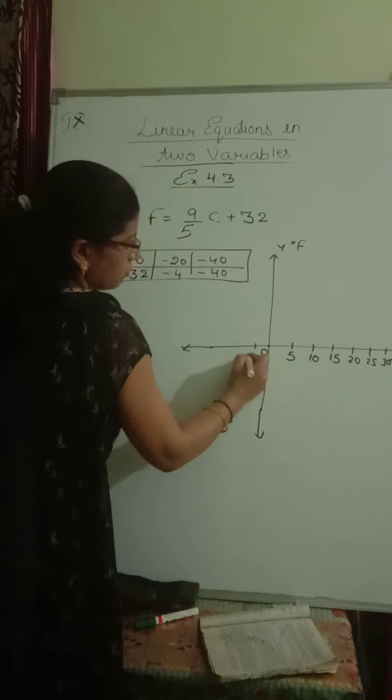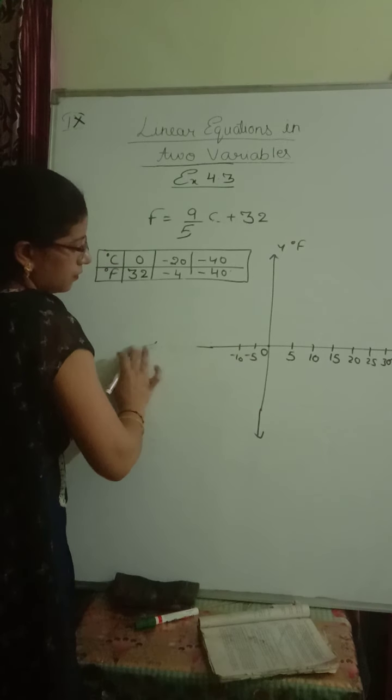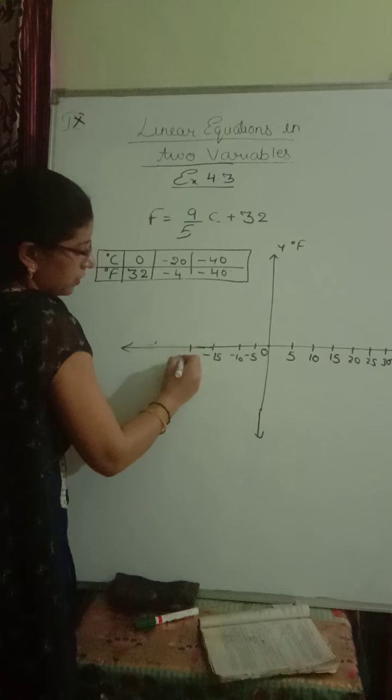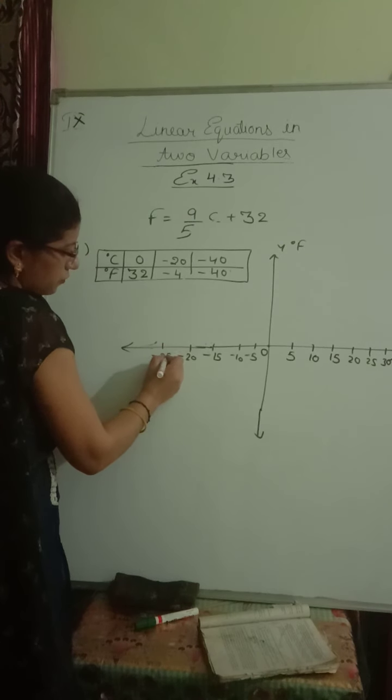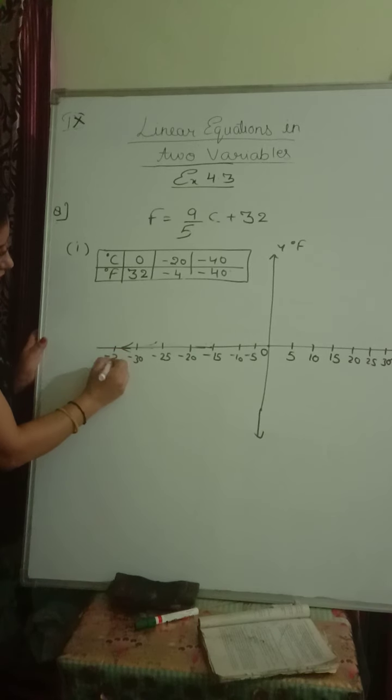Same way here also: minus 5, minus 10, then minus 15, minus 20, minus 25, minus 30, minus 35, minus 40, and so on.